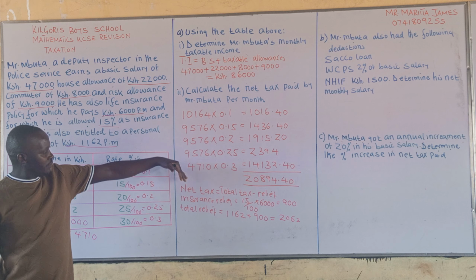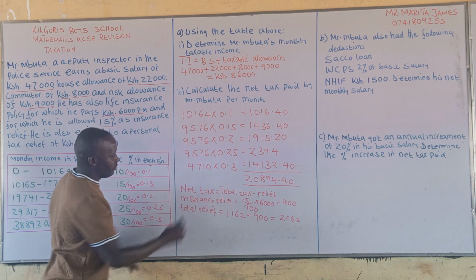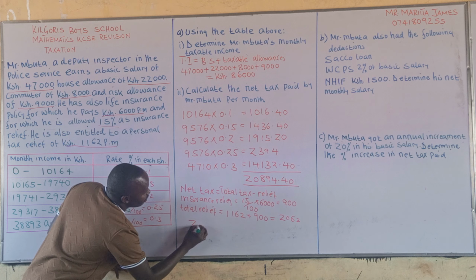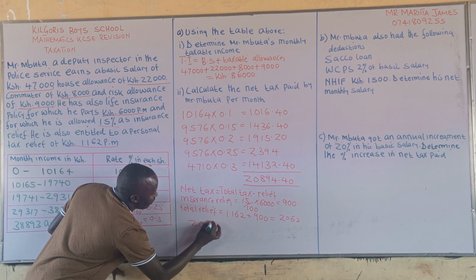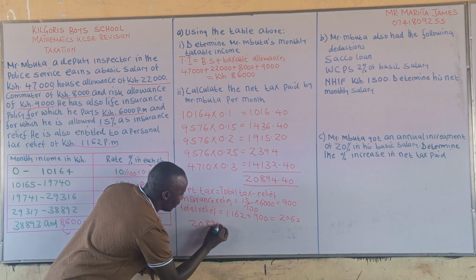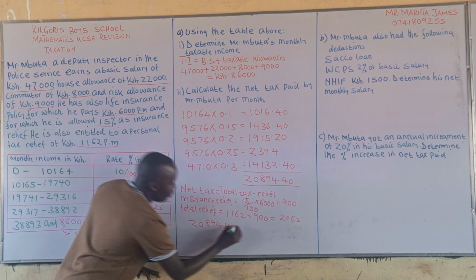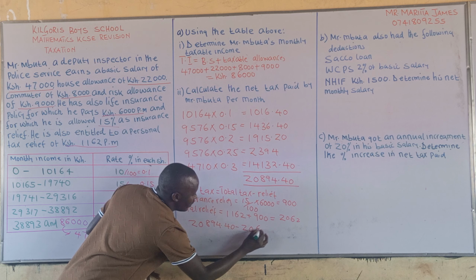Now to get the net tax is the total tax minus relief. Our total tax is 20,894 and 40 cents minus the total relief of 2,062.